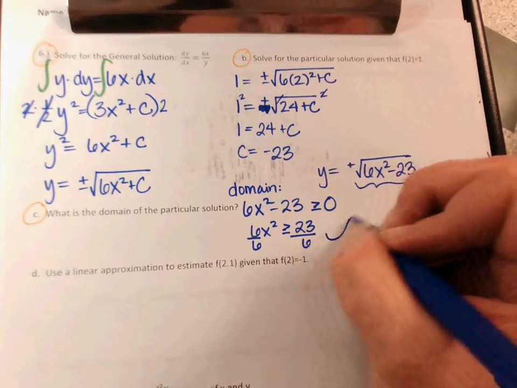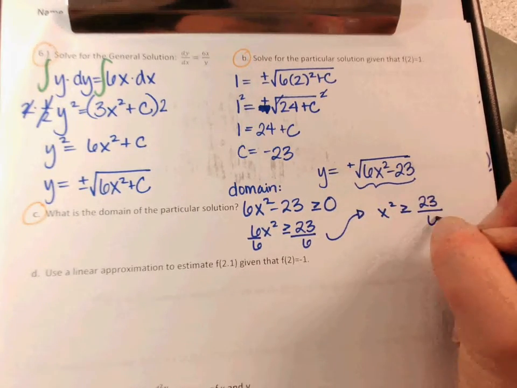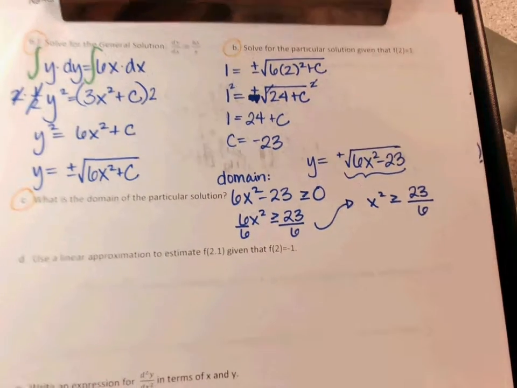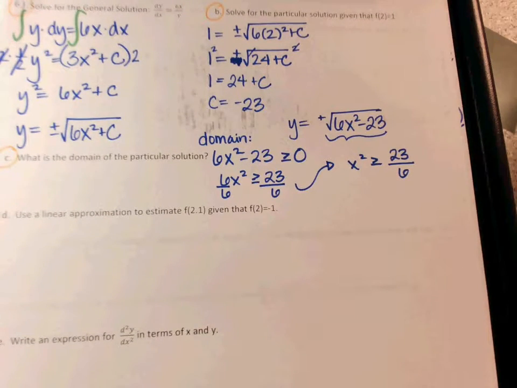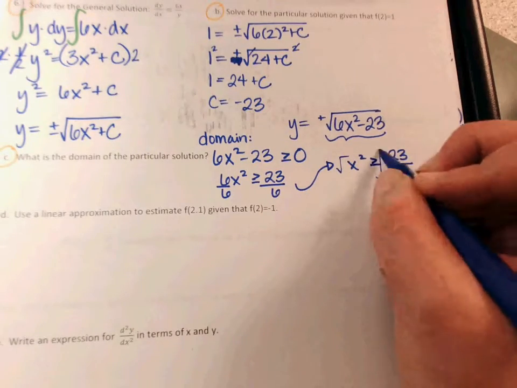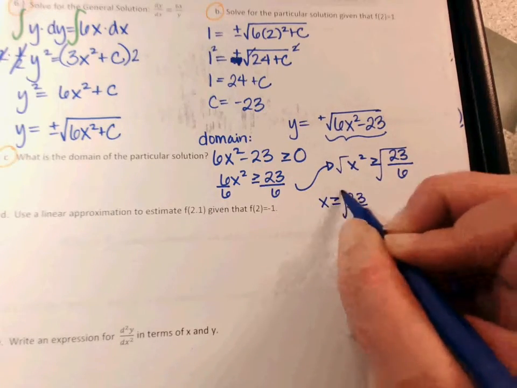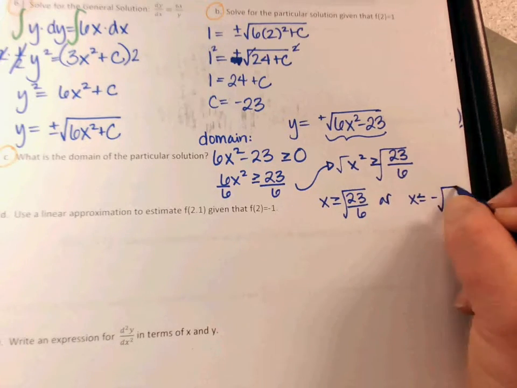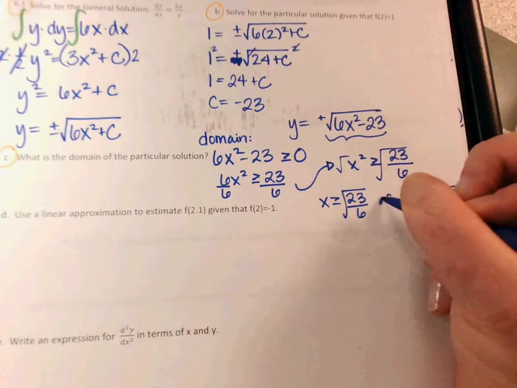So I have x squared is greater than or equal to 23 over 6. Now, hopefully they would never do this to you on the AP test, but do you remember that when you square root the squared, you have to break it up into 2? Okay, so technically when you do this, it would be greater than the square root of 23 over 6, or less than the negative square root of 23 over 6. Okay, this is supposed to be an or.